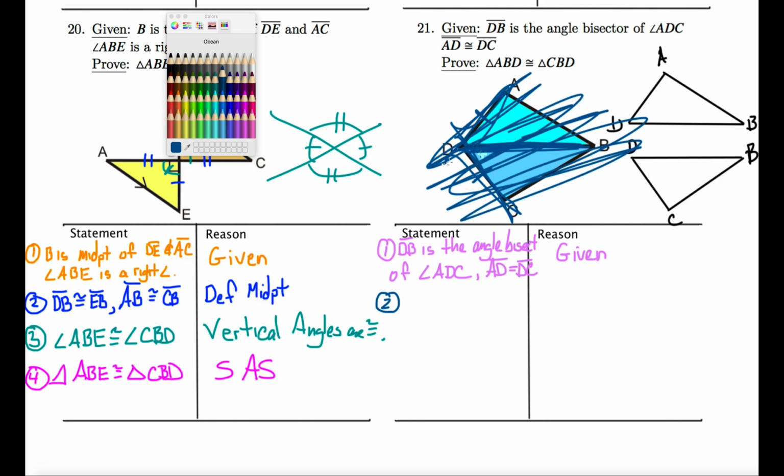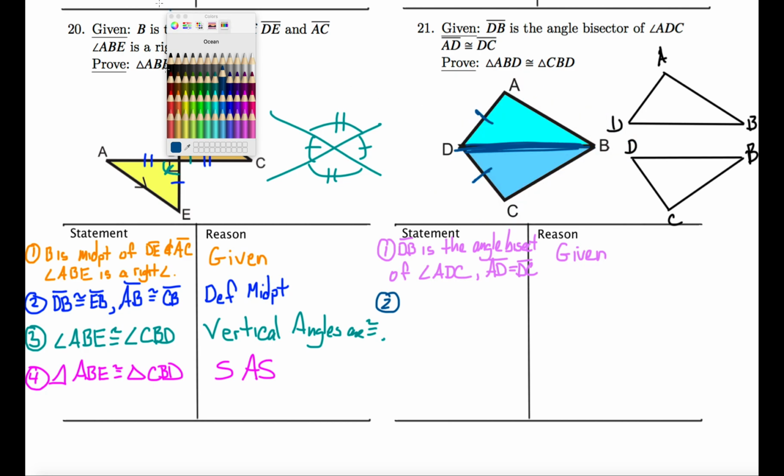So what does that mean? It means that I hit Command Z and I get a spinning wheel. So that means that I get two congruent angles. ADB is congruent to CDB. Right? We're saying this angle is congruent to this angle because DB is a bisector.